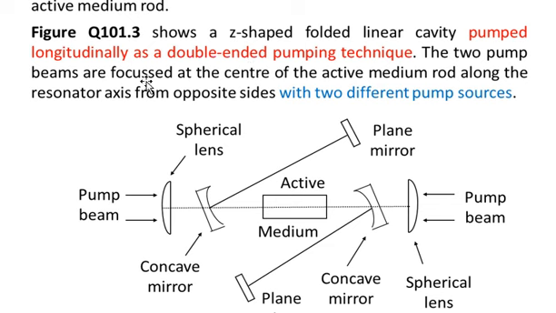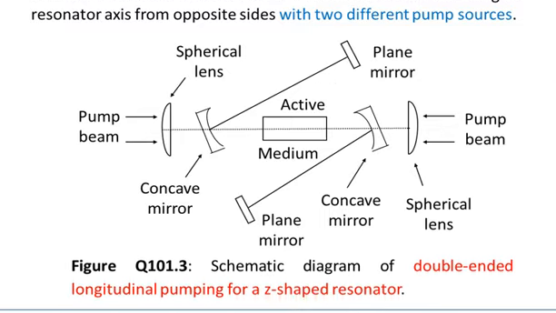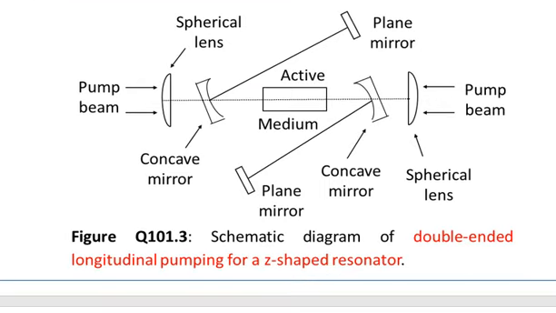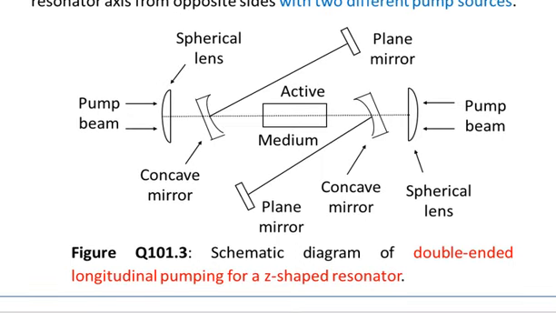The two pump beams are focused at the center of the active medium rod along the resonator axis from opposite sides with the two different pump sources. So this is the description of figure number 3.